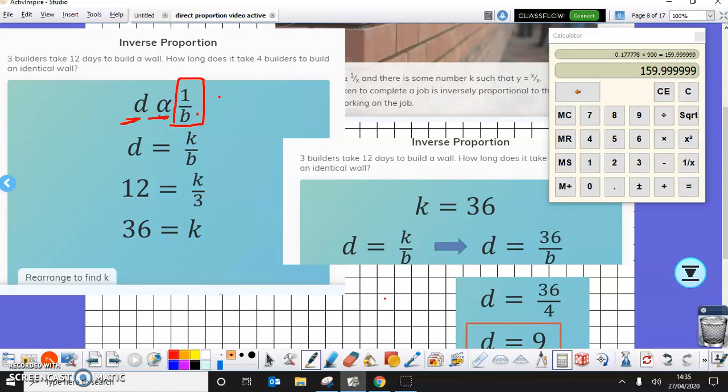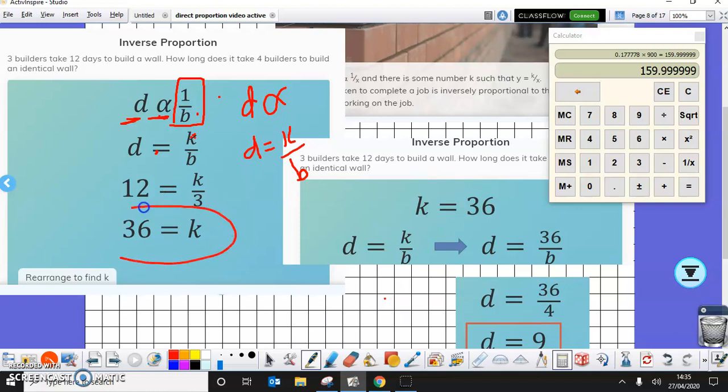So to be my inverse proportion, my k goes where the 1 is. So I still put my equals k, but instead of it being d fish 1 over b, it's not going to be equals k of b, because that's direct proportion. All that happens to the b is it goes underneath. So if it's inversely proportionate, then we're looking at k over the thing we're trying to find.